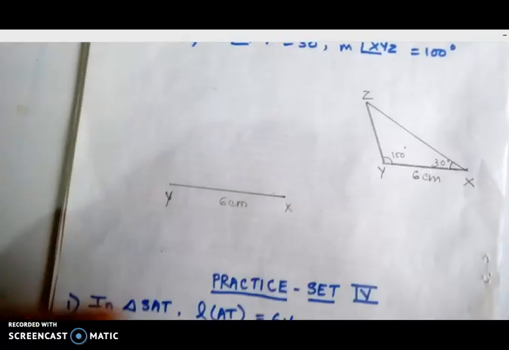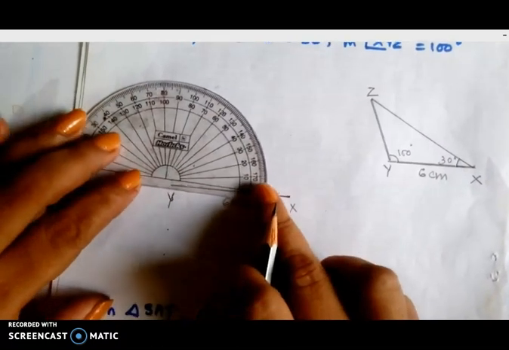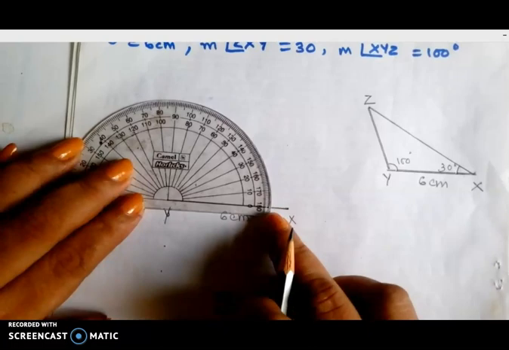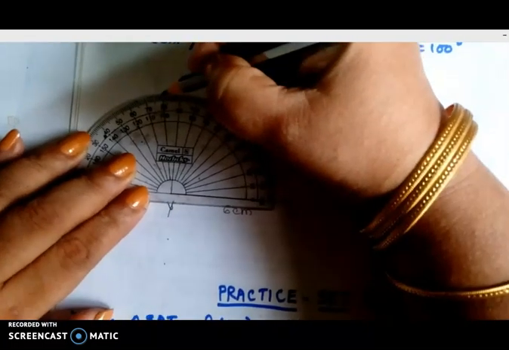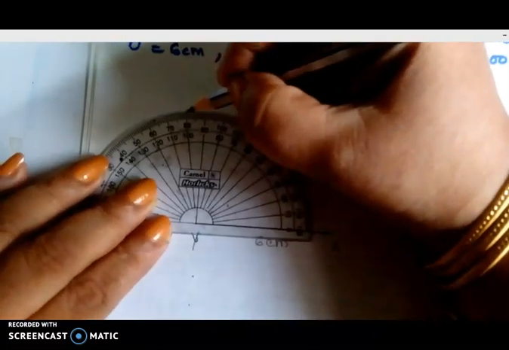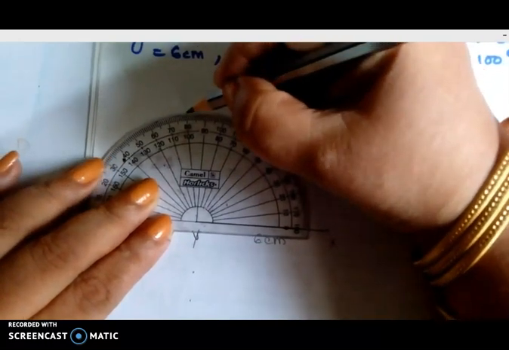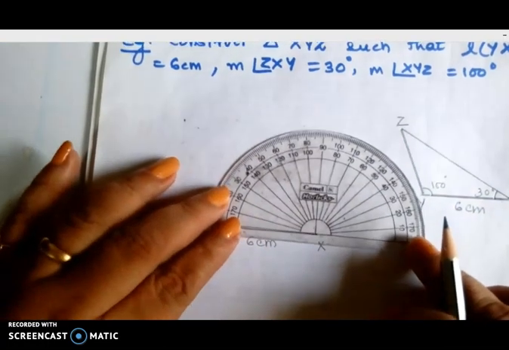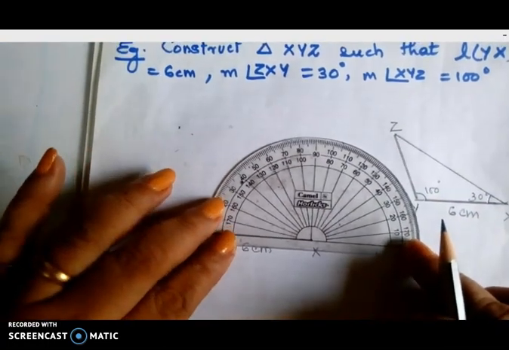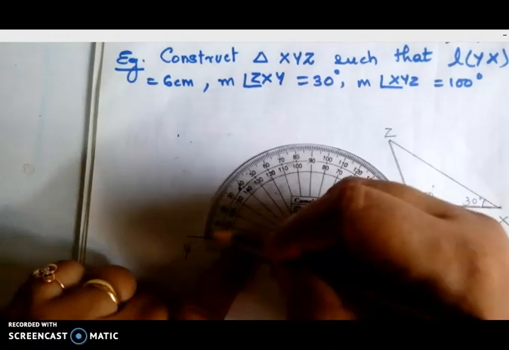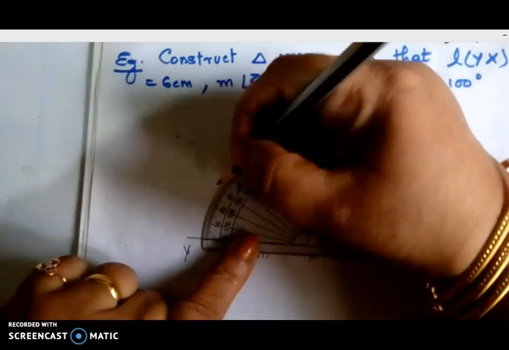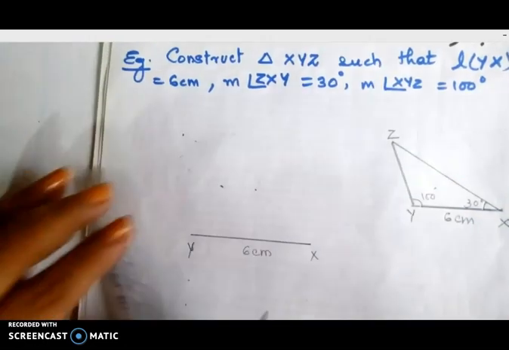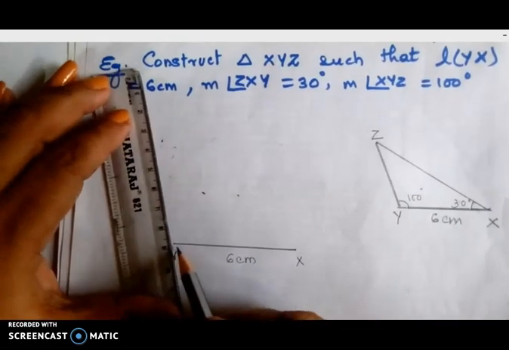Now we will take angle Y 100 degree. And angle X measuring 30 degree. 10, 20, 30 degree. Now we will join these two.